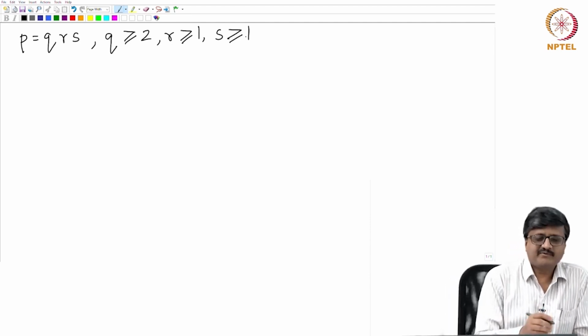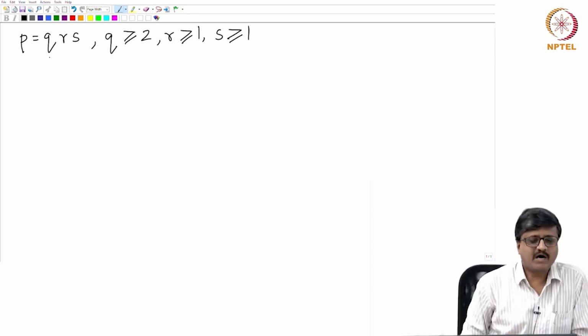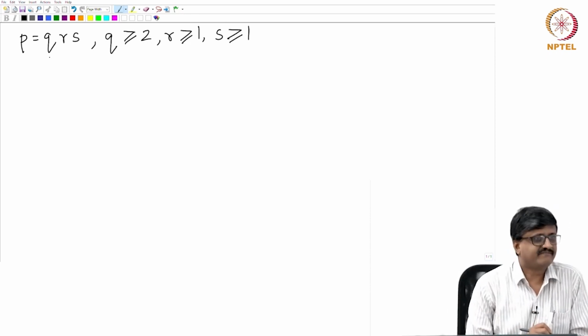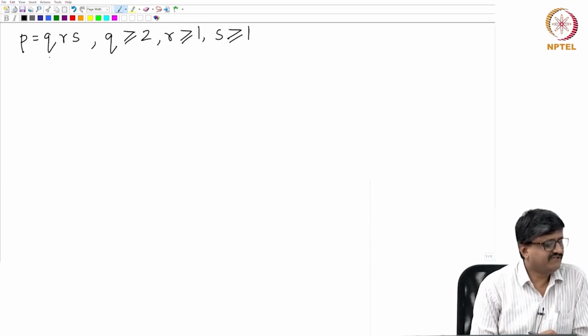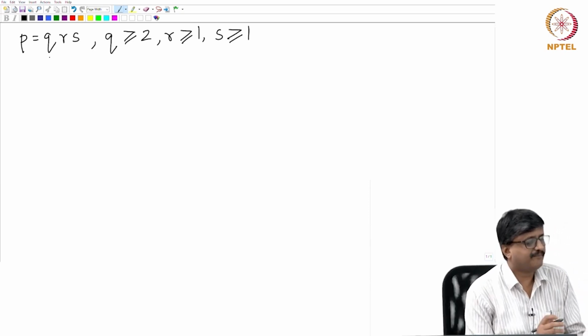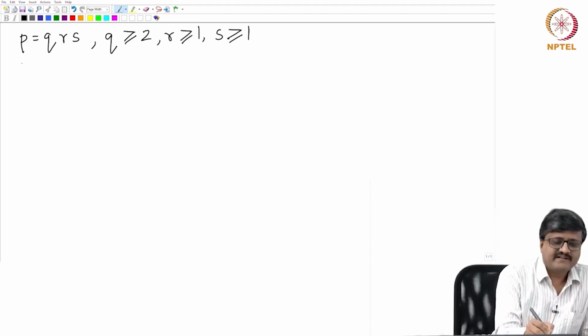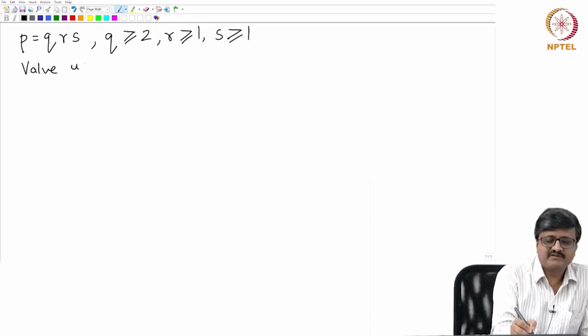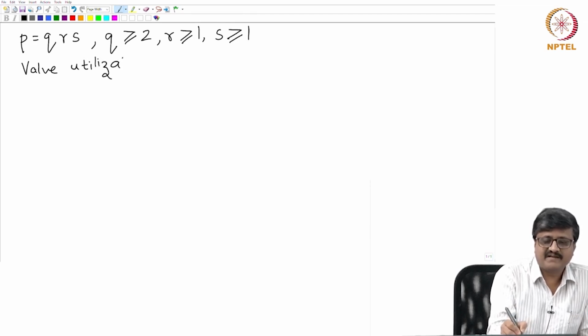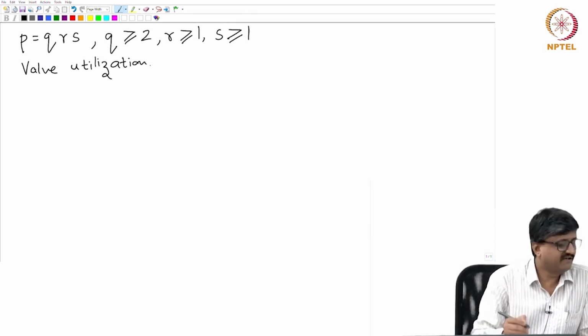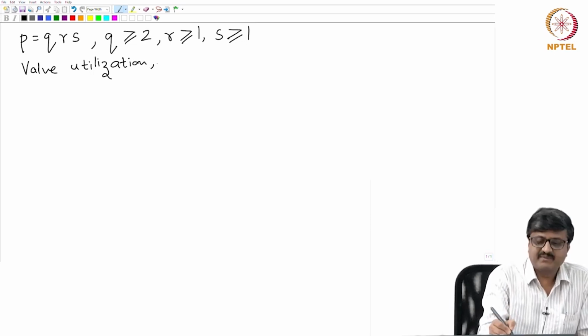So, we have to somehow find the values of Q, R and S for a given value of P. What we do is we try to see how the components are utilized. There is a valve, that is a thyristor valve. We want to ensure that the utilization of the valve is maximized. And there is a transformer.